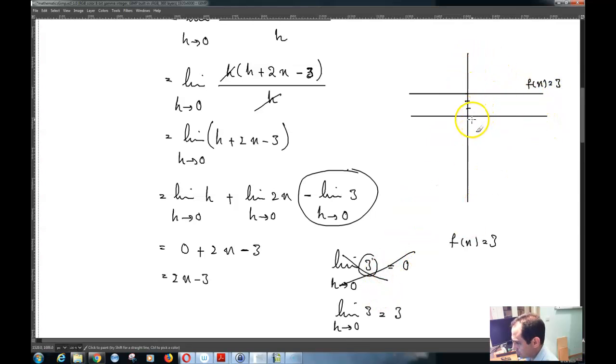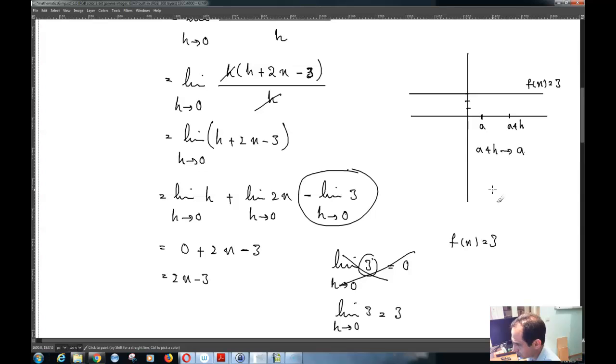Now of course this h over here is the distance between 2 points on the graph of the function. For example, x is equal to a, and some x is equal to a plus h. When h tends to 0, then a plus h tends to a.